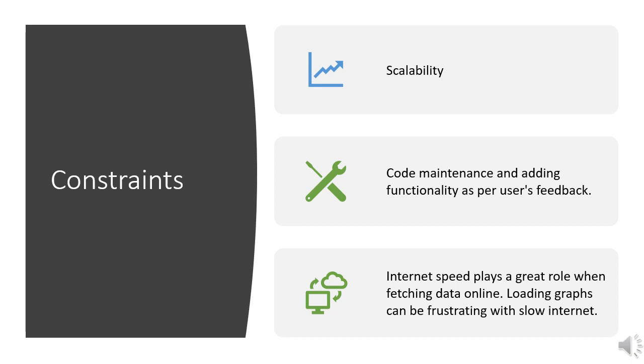As we collect feedback from our users, we can accordingly add more functionality and features to our website. The Graphs API itself is subject to speed, and if the user has a low internet speed, it might take a while to load the graphs, so it is necessary for the user to have a proper internet connection.